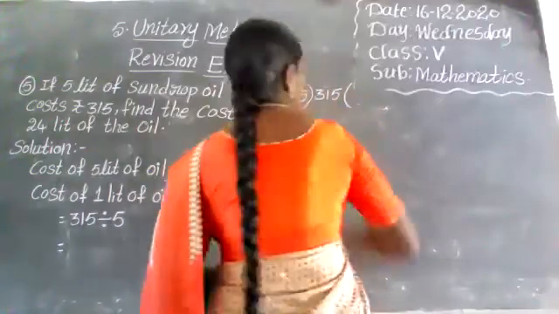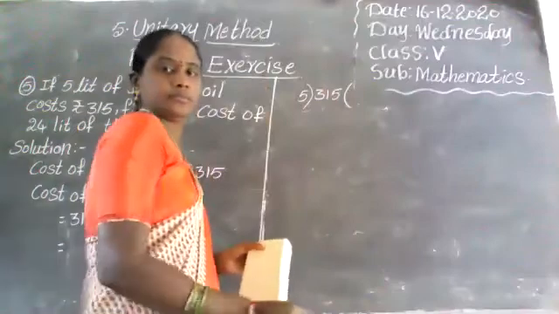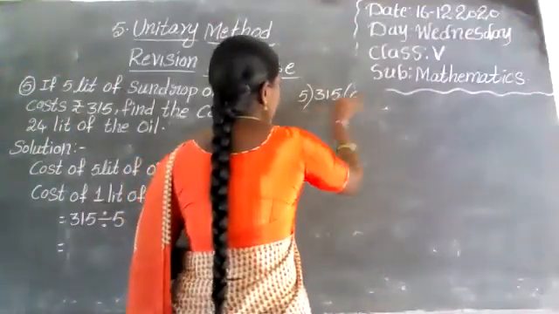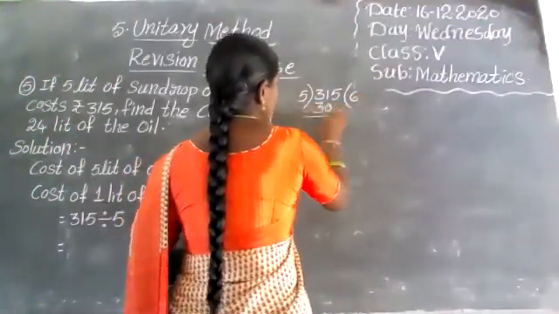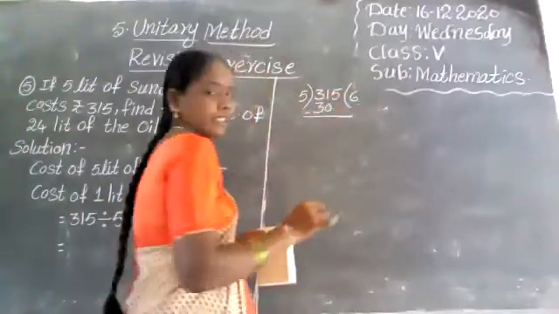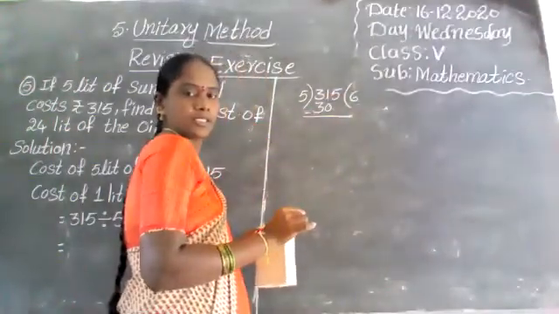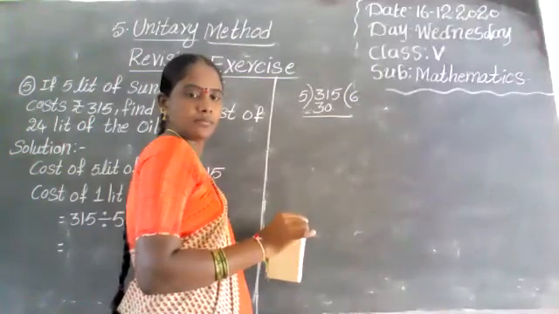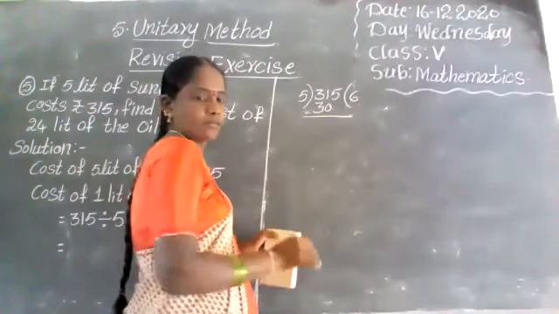Divided by 5. 5 6s are 30. 31 minus 30, 1.